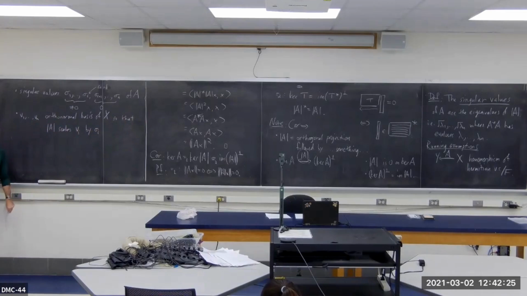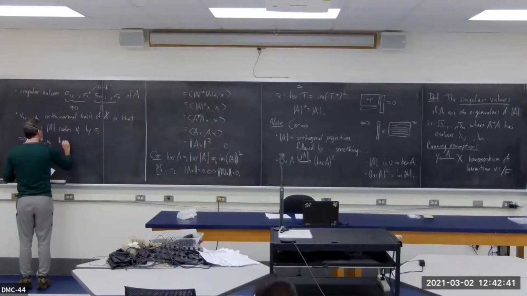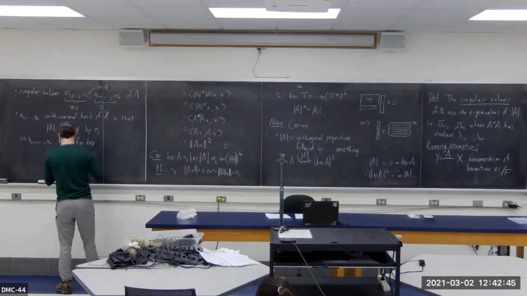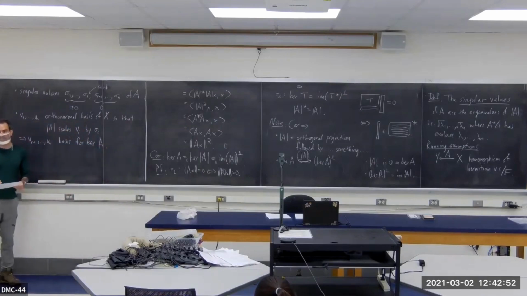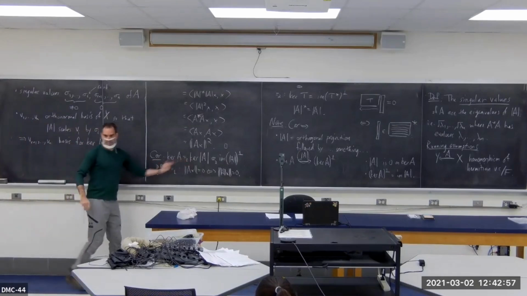That is, v_i is an eigenvector of the modulus with eigenvalue sigma i. So this means in particular that v_(r+1) up through vn is a basis for the kernel of the modulus. Sorry, the kernel of A, in fact, because the modulus of A and A have the same kernel. That's what the corollary says. The same thing.